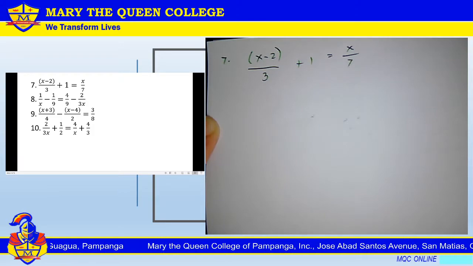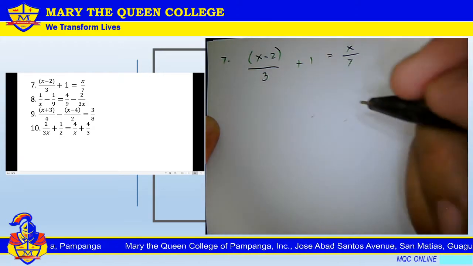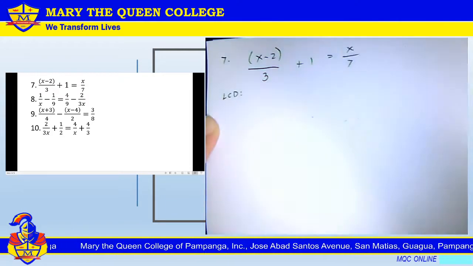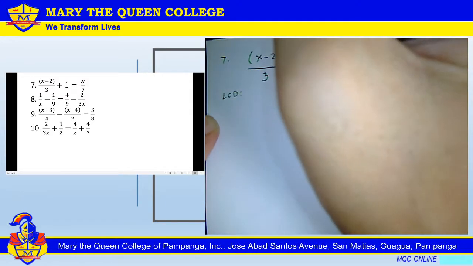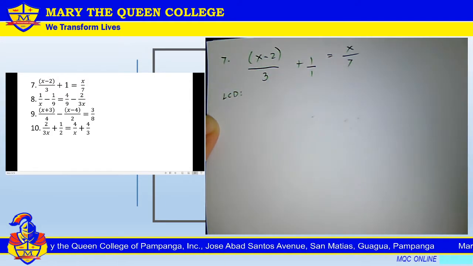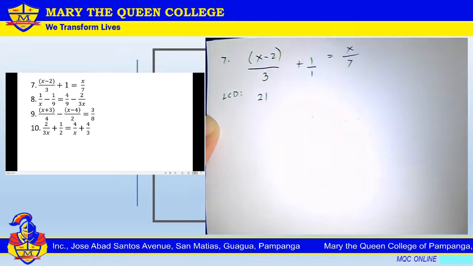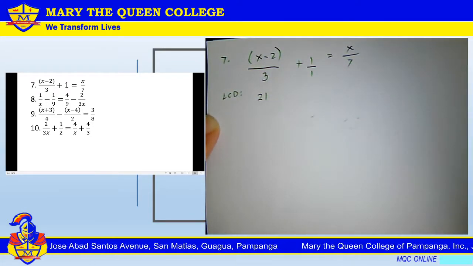And since it has different denominators, we can determine first the least common denominator. Since we have positive 1 here, understood it is over 1. So 3, 1, and 7, what would be our LCD? If you cannot determine a particular LCD, just simply multiply the denominators itself. So by this, we have 21 as our least common denominator.